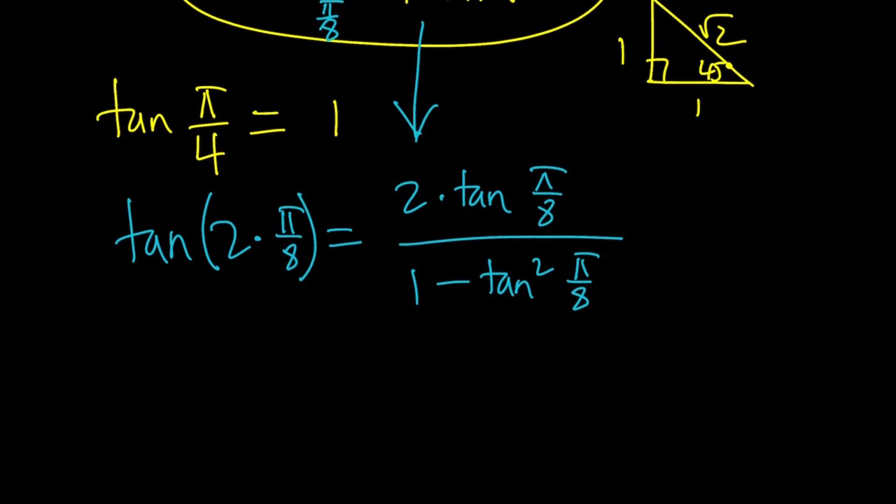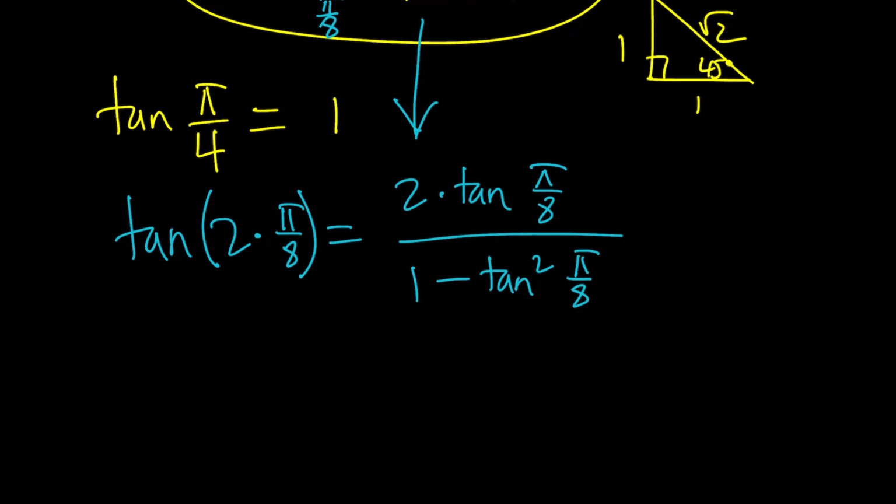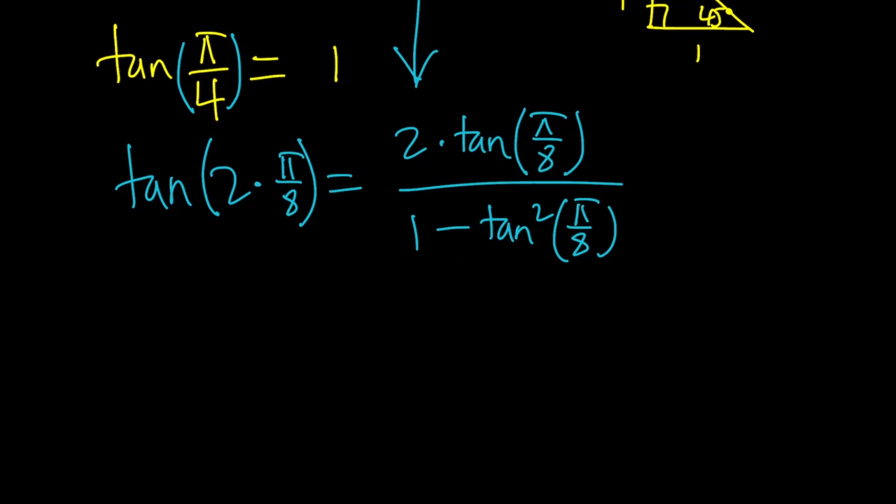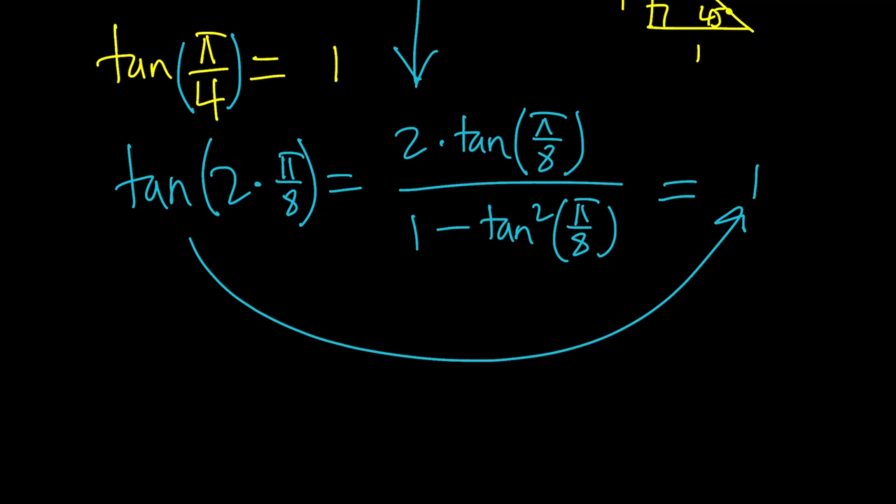I'm not putting the pi over 8 in parentheses, but if you're worried about it, I can. Some people are really picky about it. It's usually understood, but in case you're being very careful about these things, here we go. Okay, so this is tangent pi over 4, so this is equal to 1, as you know, right, from here.